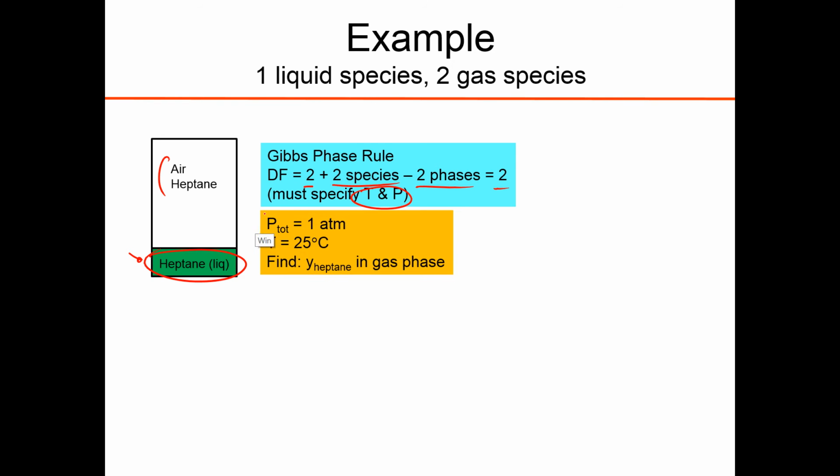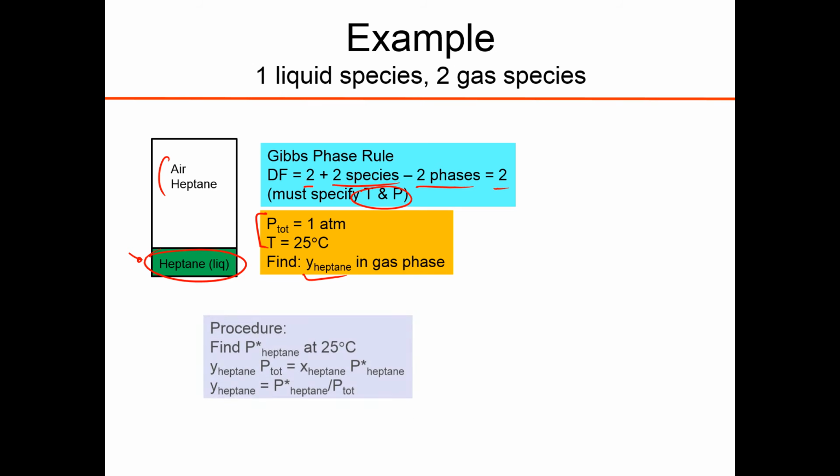Okay, so let's go ahead and specify those. We'll just come up with 1 atmosphere and 25 degrees Celsius. We just made up those pressures and temperatures for this calculation. Now we want to calculate the mole fraction of heptane in the gas phase.